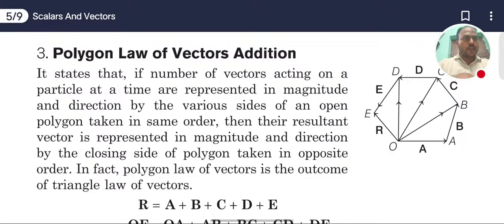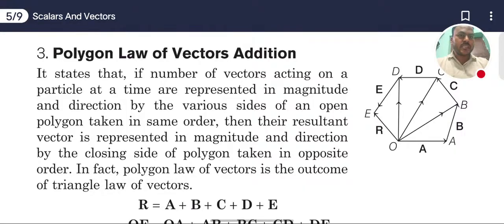But again, if you move continuously from A to B and B to C, C to D, and D to E, then this is the closing side of the polygon. So it is taken in the opposite direction of the vector R as well as the vector E. Are you getting it? Yes, I hope.